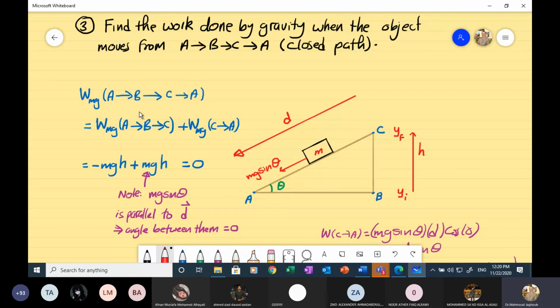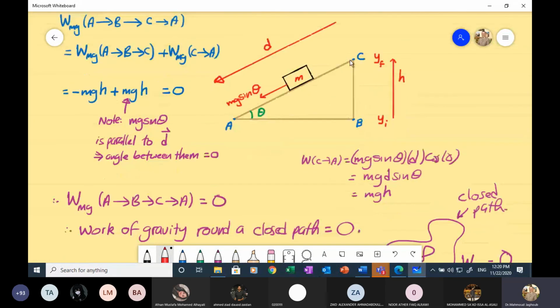Let us prove this. I want the work done by gravity in moving from A to B to C back to A. This is going to be equal to W_mg from A to B to C, which I calculated before and was minus mgh, plus the work done from C back to A. Now let us calculate this from C to A. The displacement is downwards, and the component that does the work is also downwards.